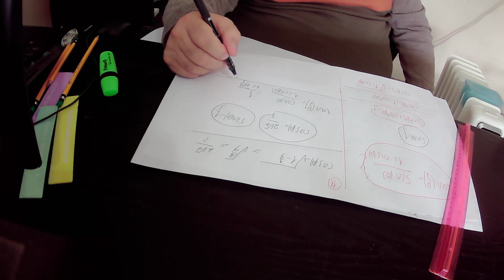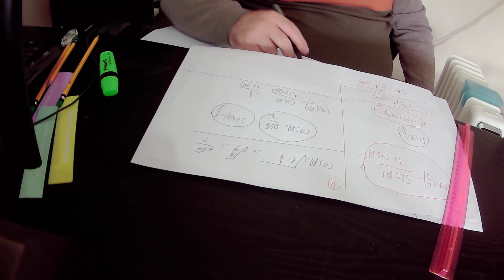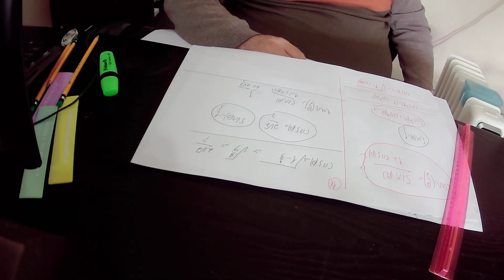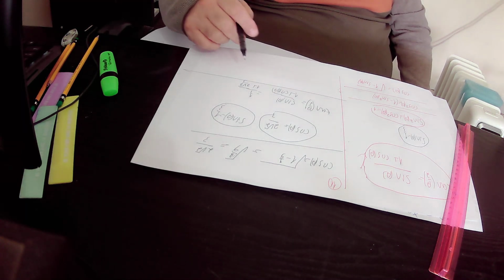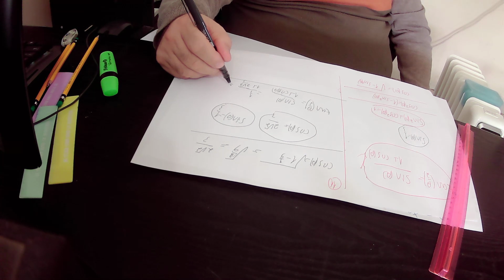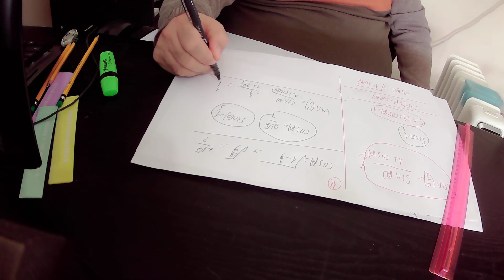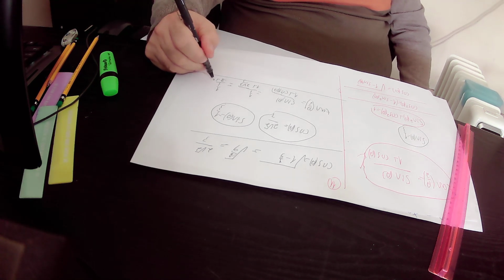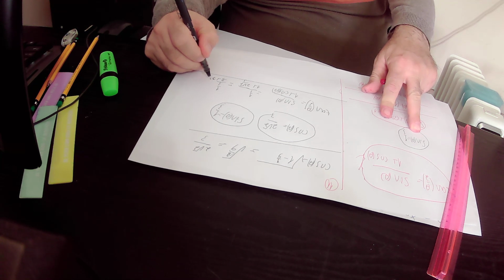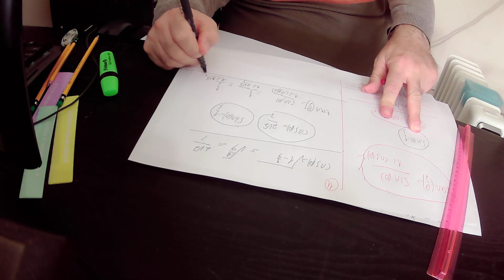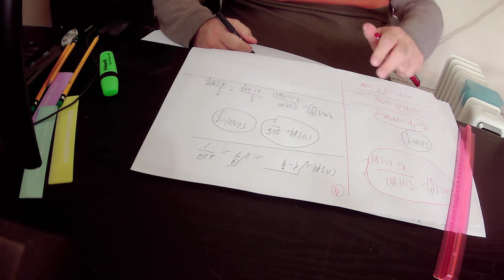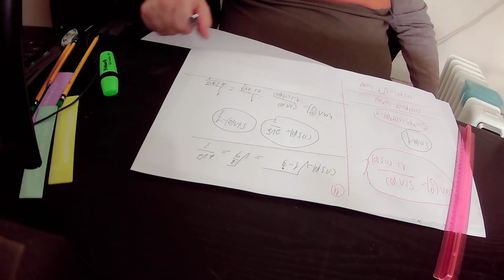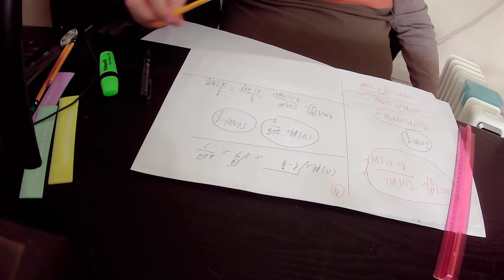Here we will multiply 1 by 3 and then divide it by 3 in order to have a common factor with this expression, and we get 1 over 3 plus 2 times square root of 2, over 3. So here we have 3 in the numerator and 3 in the denominator, so 3 will get cancelled.